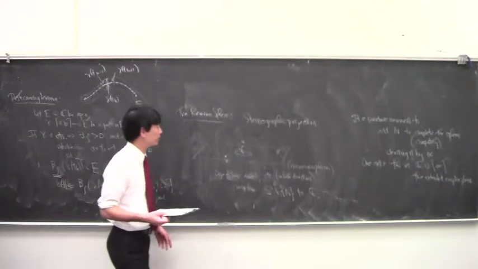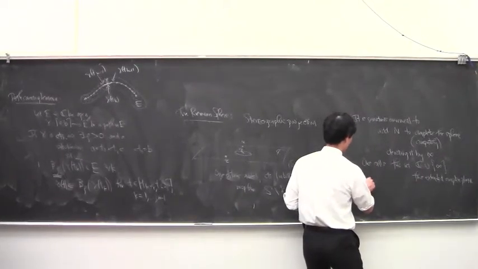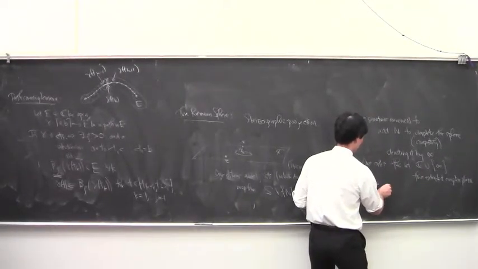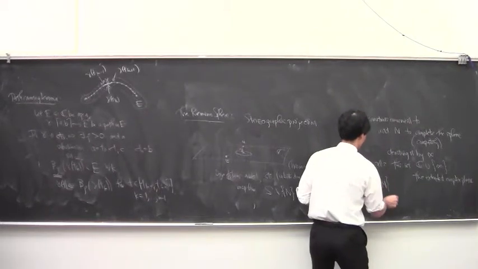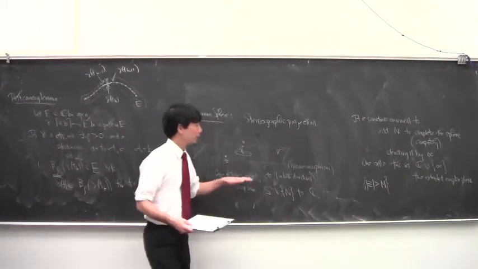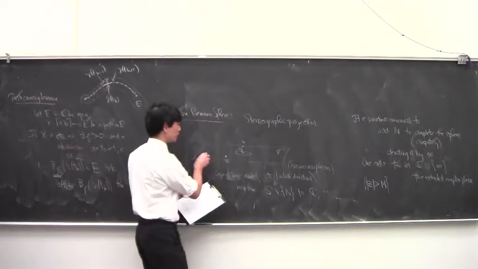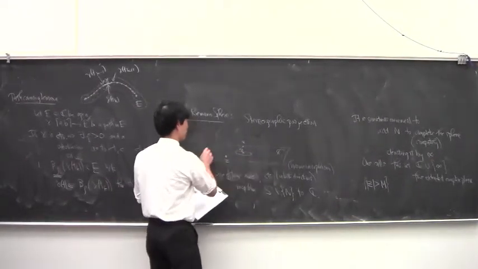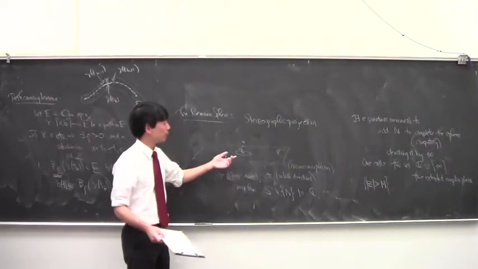And so, for example, if I say something like this, |z| bigger than some huge number. If I'm looking at a disk, the exterior, I take a huge disk out here and I look at its exterior. What does that correspond to on the sphere?